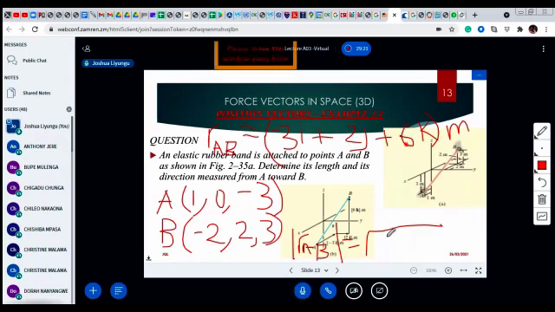When you add those, it's going to give you 49. And this will be 7. So once I have this, I now have to find the angles. How do I find the angles? The alpha will be negative 3 over 7. The beta will be 2 over 7. The gamma will be 6 over 7. Then once you find that, the inverse cosine, you find the actual angle.